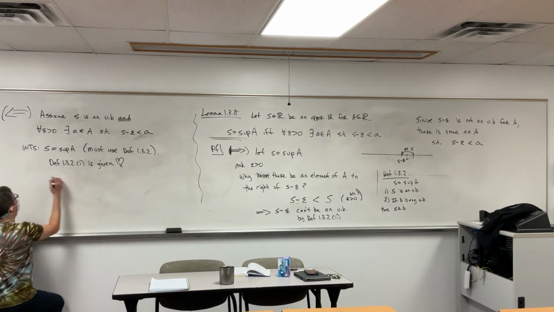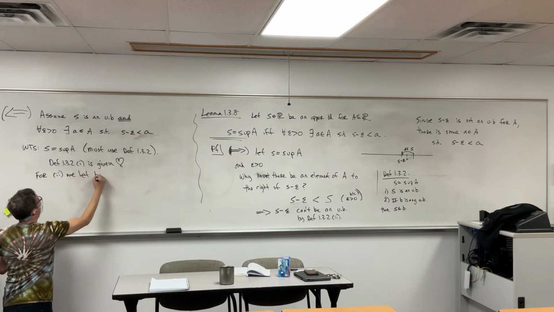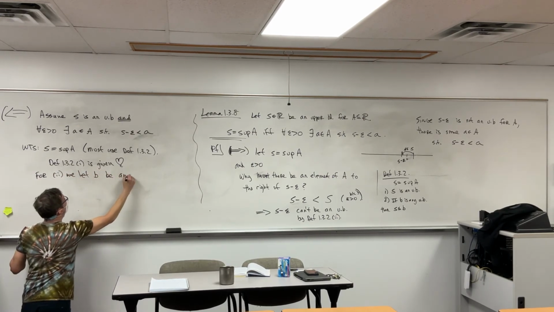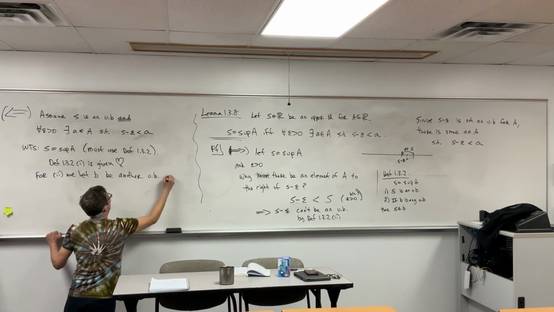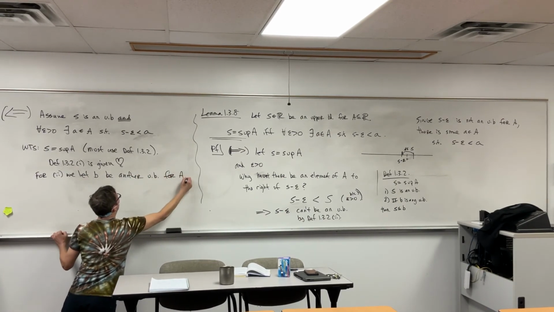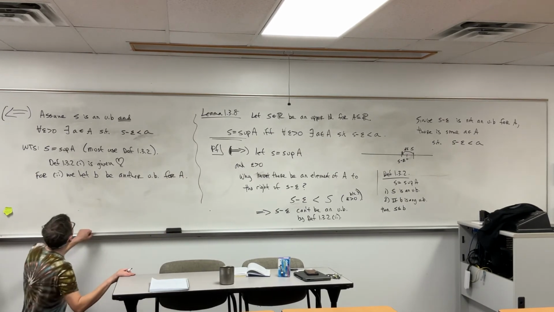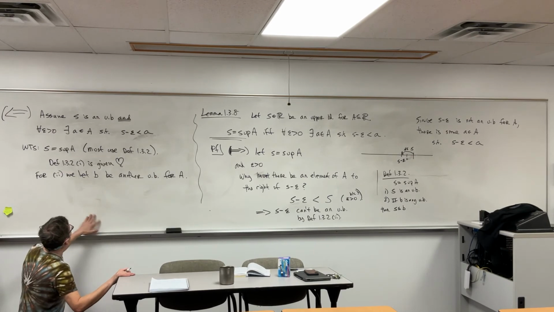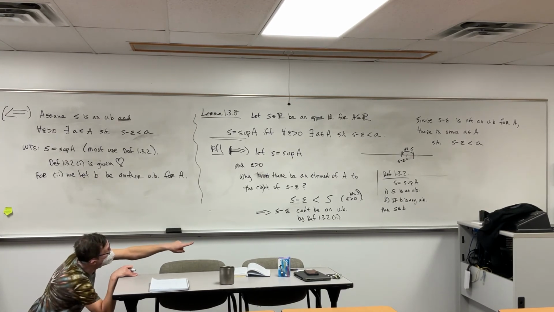Okay, so for part two, we let B be another upper bound for A. Now what we want to show is that B has to be to the right.